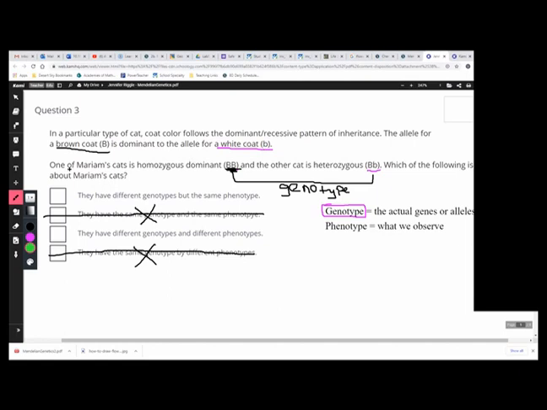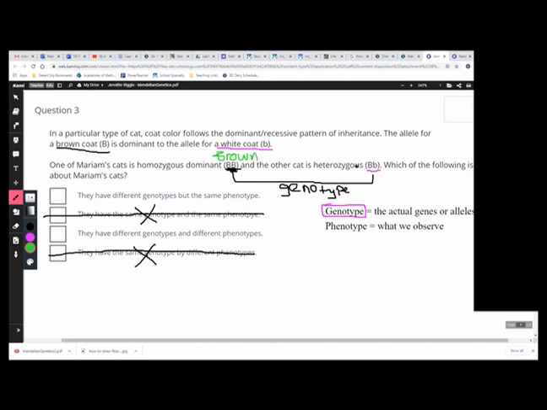So if we go down to the question, it tells us we have one cat that has a capital B for its genotype. What color do you think the fur or the coat of that cat is going to be? Brown. Perfect. So we have a brown cat here. Whoa, that is some crazy writing. All right.